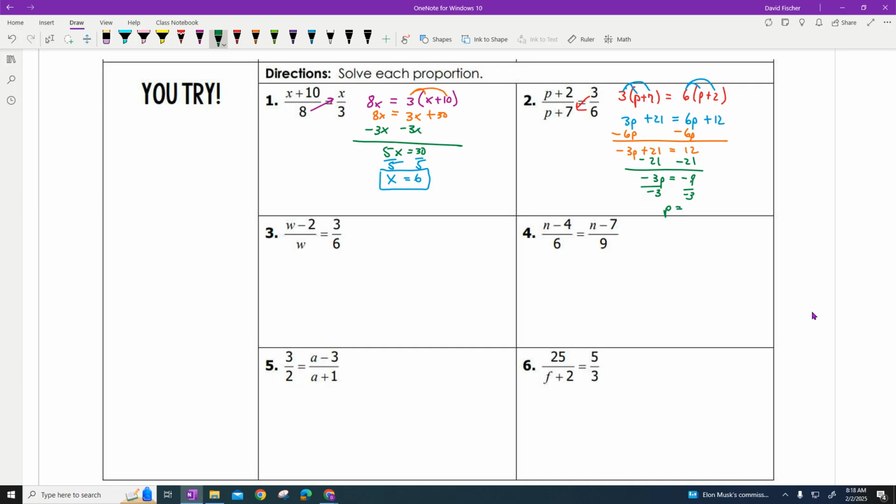Negative divided by negative is a positive. And I hope you got P equals 3.